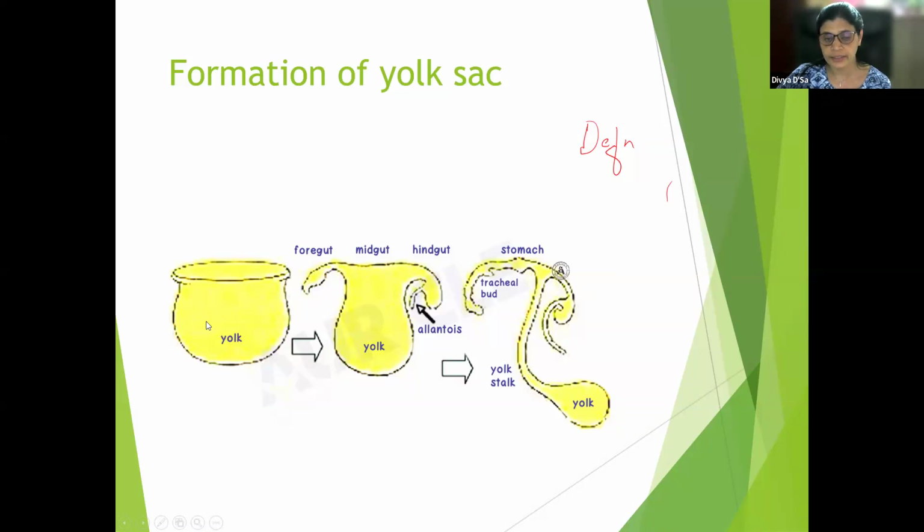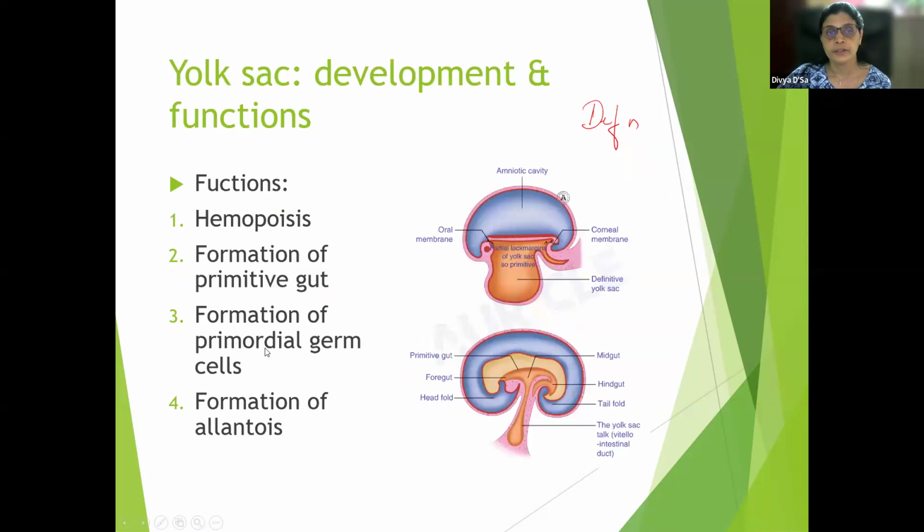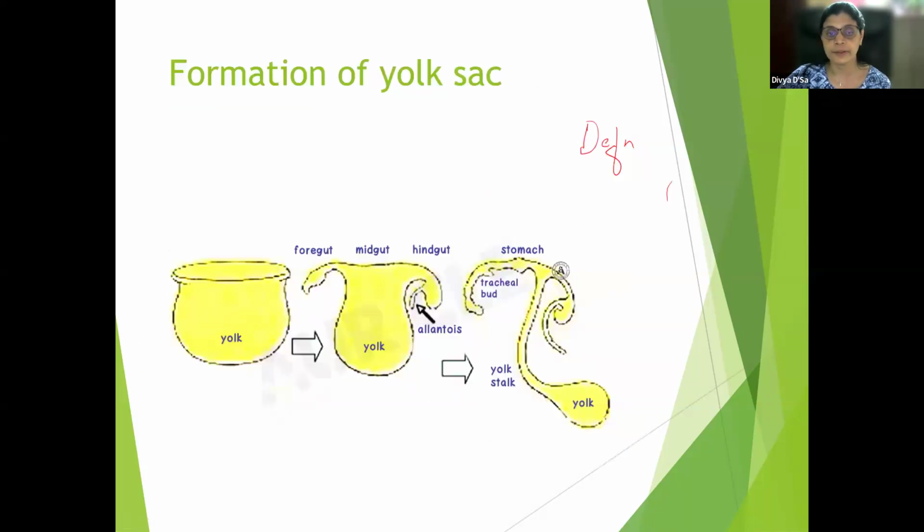Now, the yolk sac develops from which one? It develops from the cavity of the blastocyst, where cells from the endoderm migrate, form the Heuser's membrane and enclose a cavity, which we call the yolk sac.